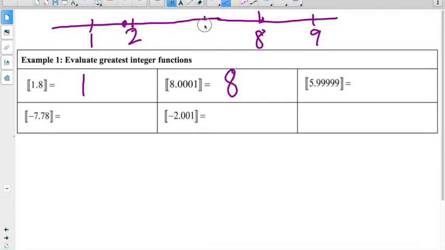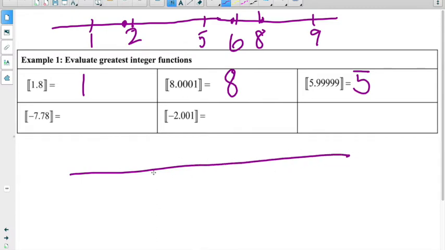Thinking about 5.99999, it is almost to 6 on the number line, but not quite there. So the function is going to spit out 5 for us. With negative numbers, we have to be really careful because the intuition is kind of opposite. Negative 7.78 is right here on a number line.